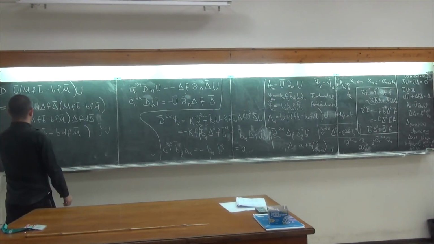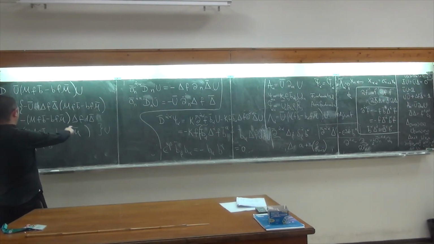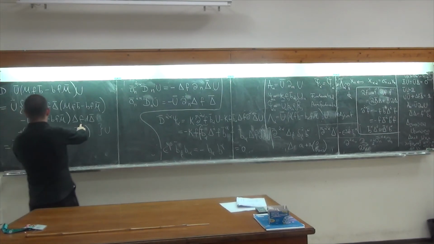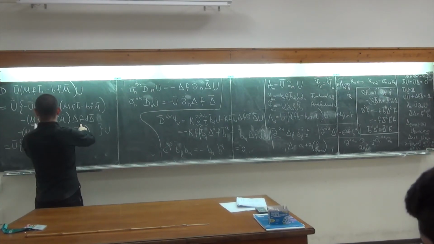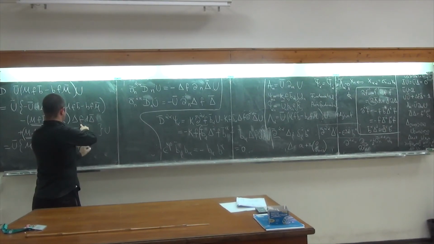Okay, this one, you already wrote. Let me write also this one. This is minus f p bar delta f b delta bar.